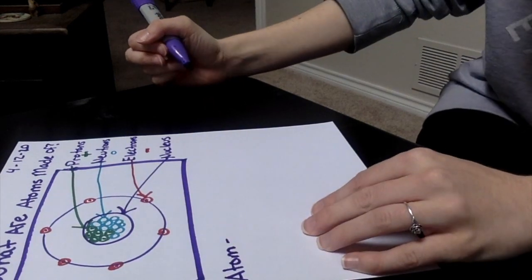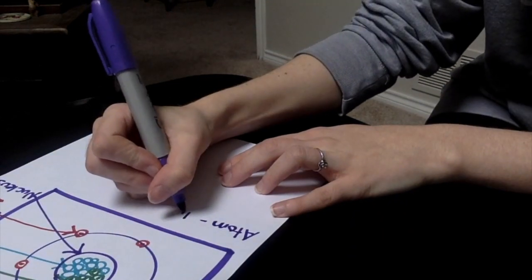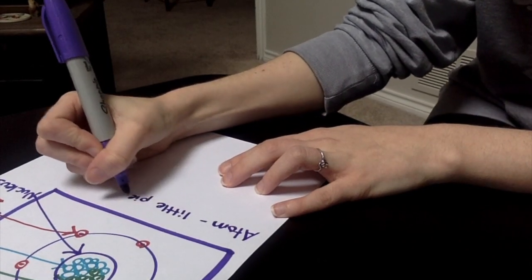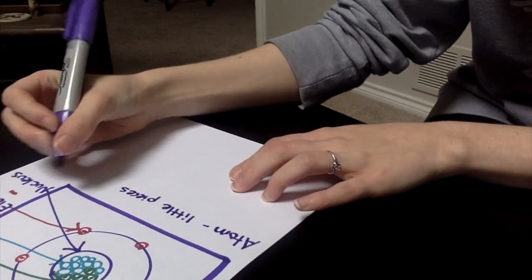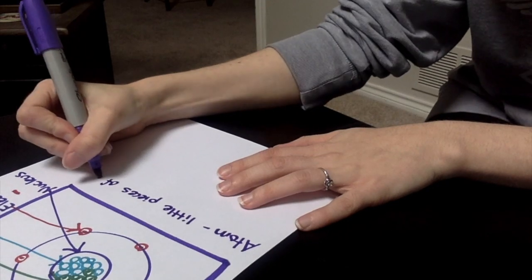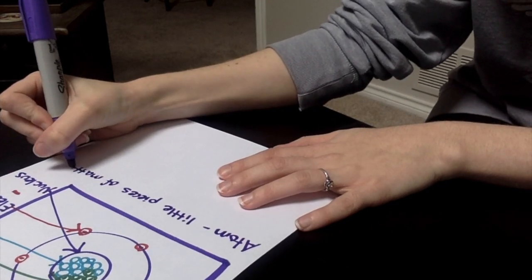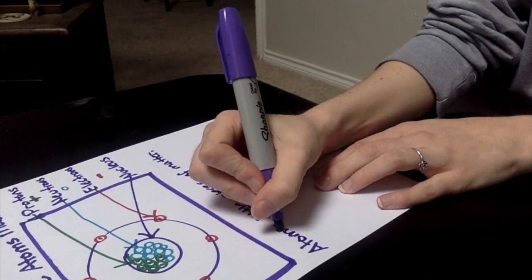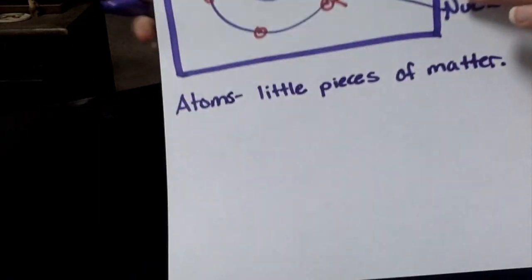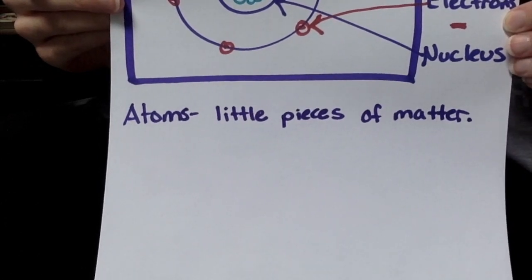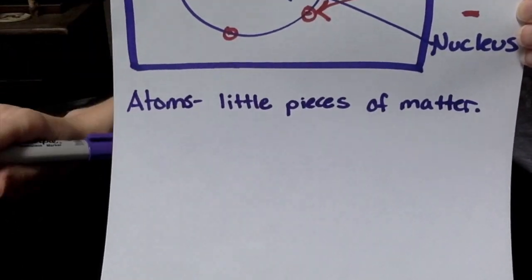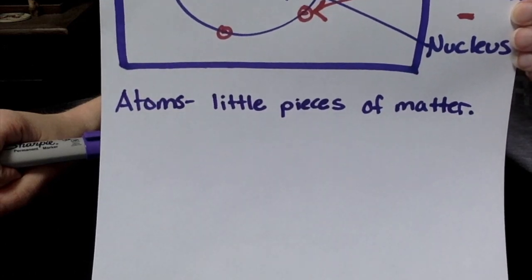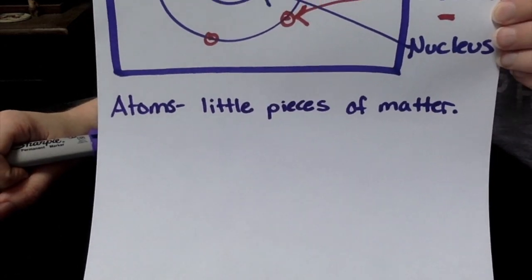Well, we said an atom is a little piece or little pieces of matter. Here, I'll make it atoms. Atoms are little pieces of matter. So that's your first definition. I'm going to go on to the next one, but if you need some more time, you can come back and watch this video again.